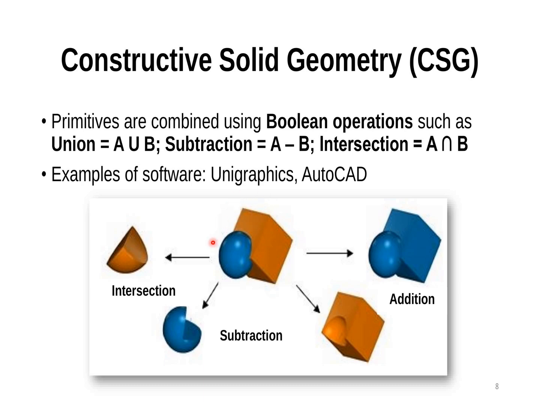So we can see the blue sphere and orange cube interact in three different ways to produce a new geometry. We have an intersection, we have a subtraction, and also we have an addition here. So this approach is very useful dalam parametric modeling, terutamanya dalam mechanical design.